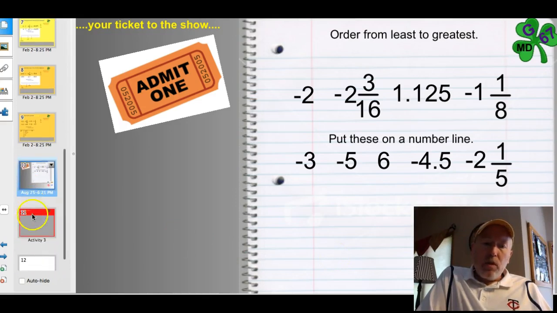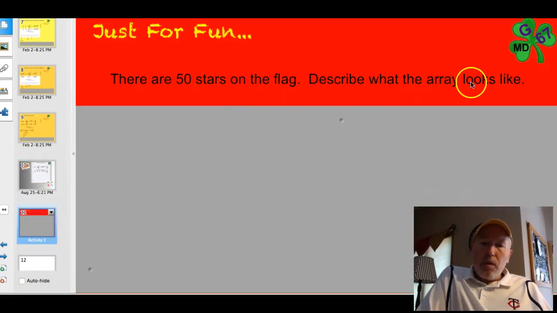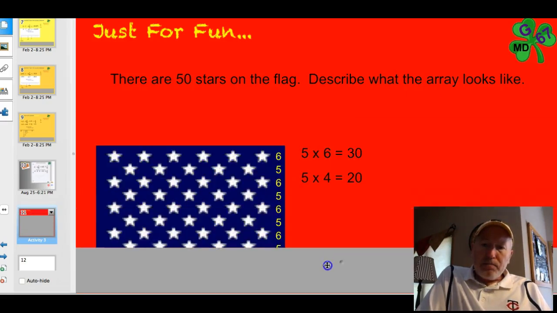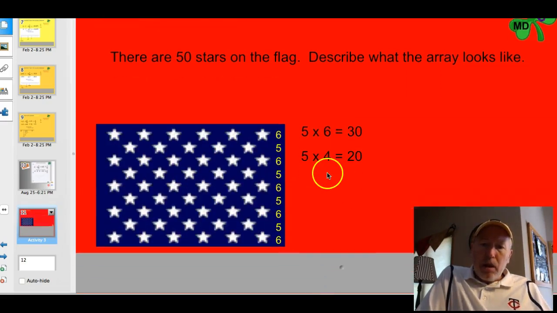Okay, the answer to the trivia question, kind of interesting. What does the array of the 50 stars look like? Well, there is a row of 6 and then a row of 5, alternating, ending with a row of 6.